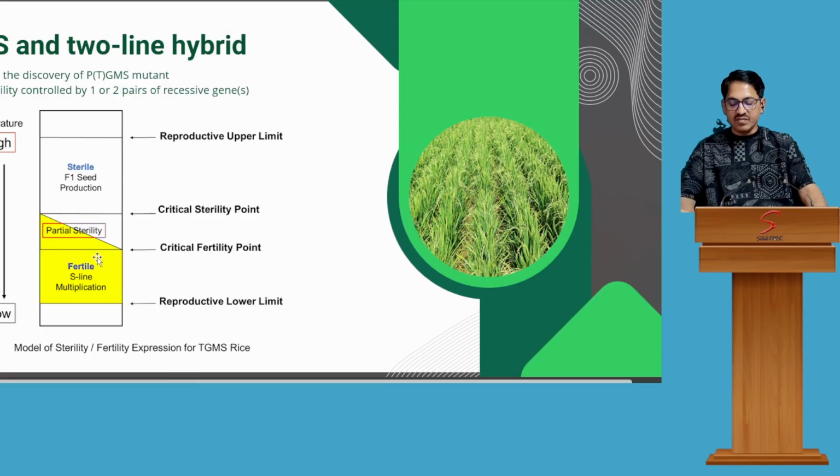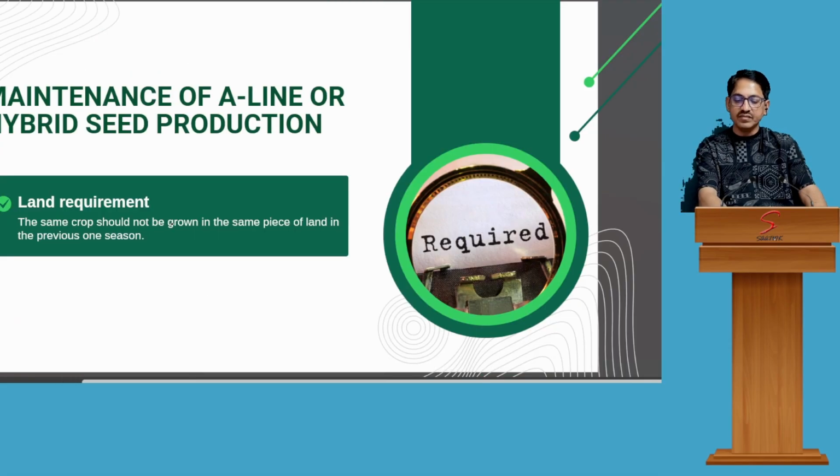Then if it comes down again, then sterile plants may become fertile. That's why we have to take care of the location where we are growing the F1 seeds. In case of hybrid seed production, we have to maintain the A line, and at the same time we have to produce the hybrid seed.